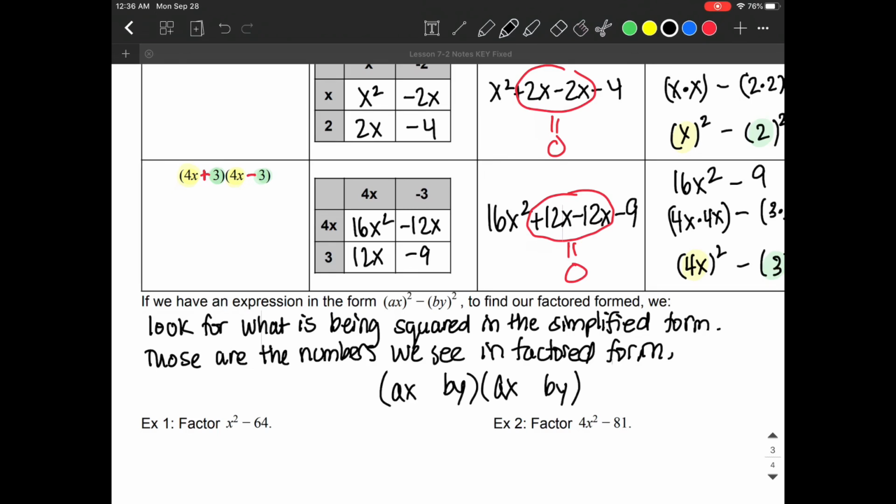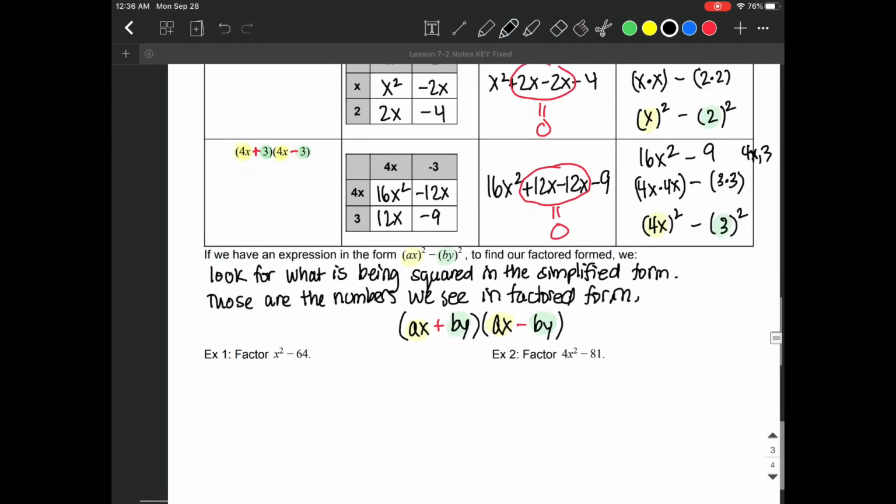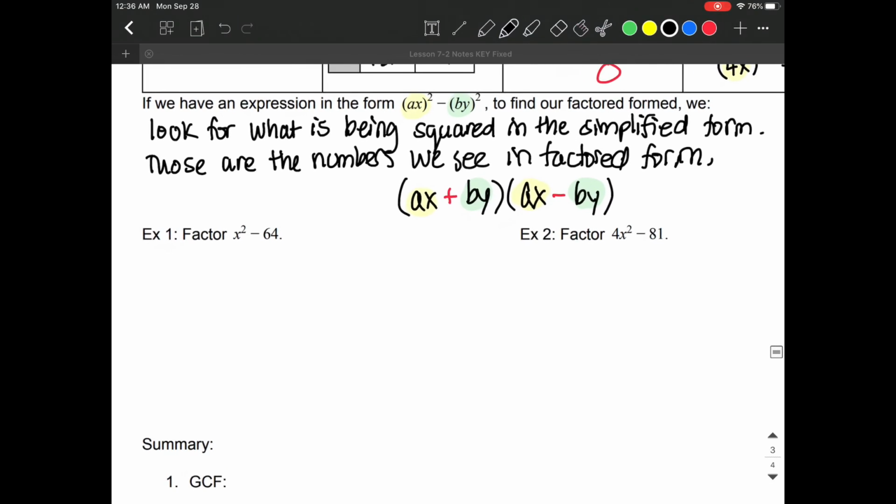By is the second term. I have addition in one parentheses, and in the other I have subtraction. So to recap, this is the first term, that's what's being squared, so that's the first term I see in my factored form. This is the second term that's being squared, so that's the second term that I see in my factored form. Right? And let's try examples.